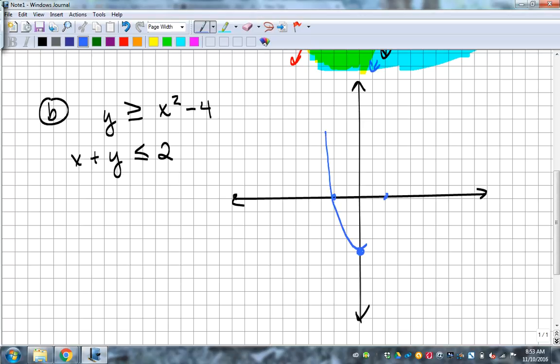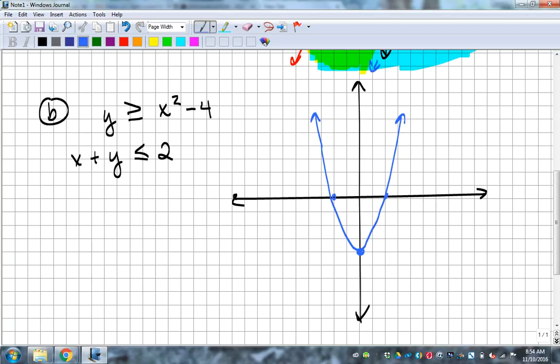And we're just getting that a little better shape than that. Okay, so we get a parabola shape, and then we want to shade that. So again, I'm going to plug in a point, and I'm going to check the origin because it's not used in the line, so I can use that. 0, 0.